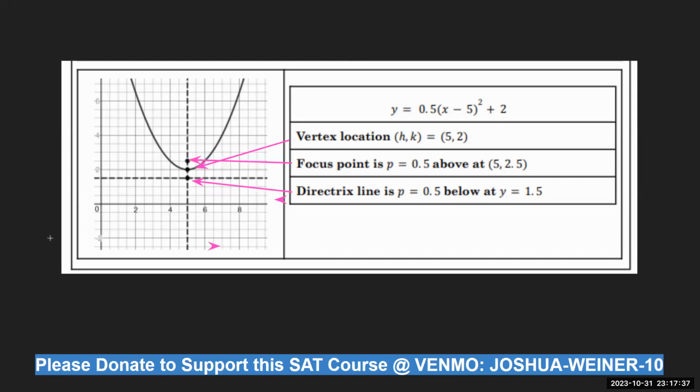But the spacing between them is exactly 1/2 unit. Let's focus on those 3 points here, these three points in a row. You can see here that there's the focus, there's the vertex, and that's the directrix line, which is this horizontal line.